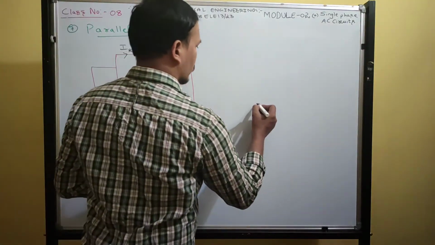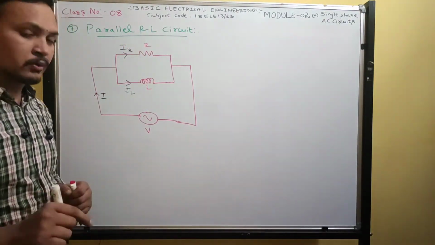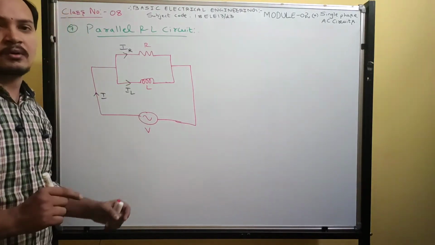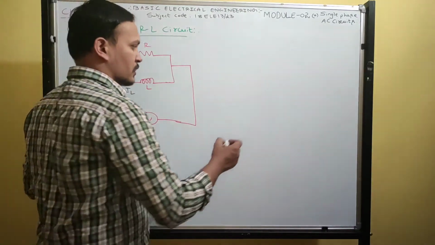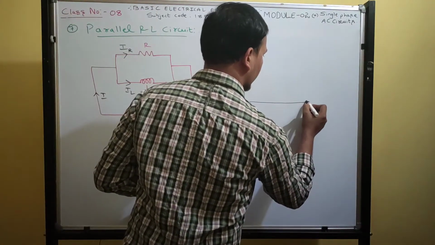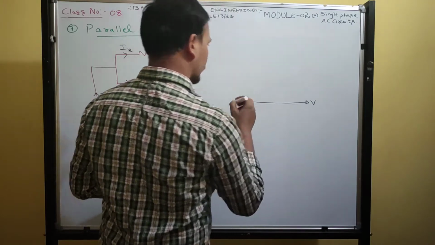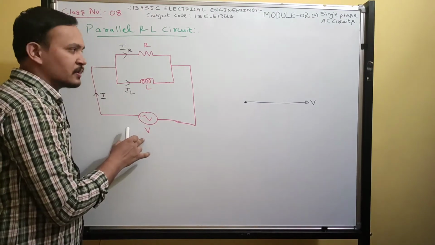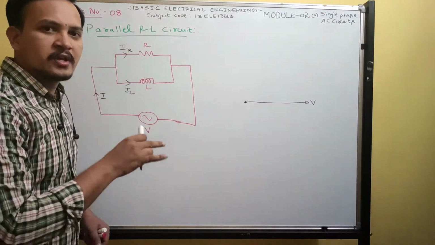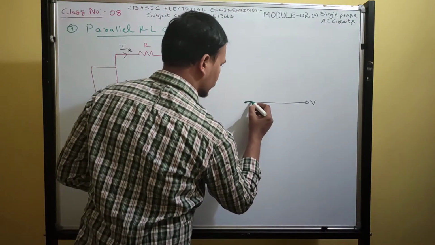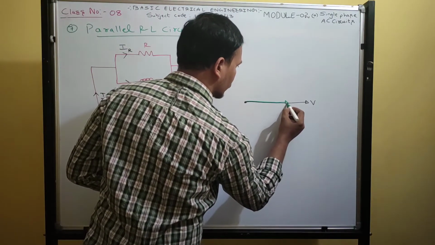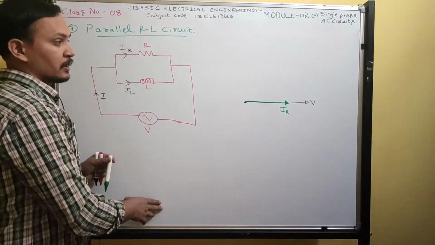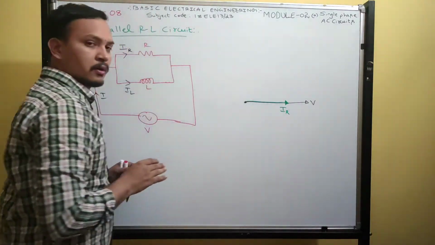Now look here. In a parallel circuit, take voltage as the reference. In a series circuit, take current as the reference. With voltage as reference, the current flowing through the resistor is in phase with the voltage, because of resistance. So IR is in phase with the voltage.